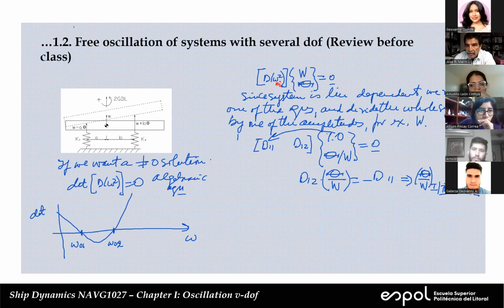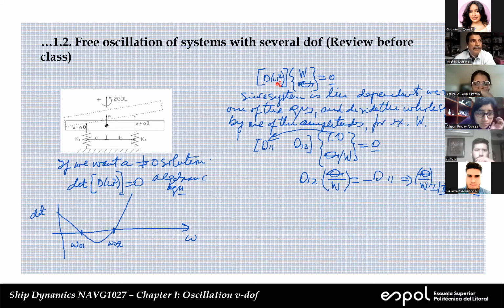Remember that this one, especially D11, depends on omega. So you put here omega 1 and obtain one value, put omega 2 and obtain a different value. And that's the ratio between amplitudes.